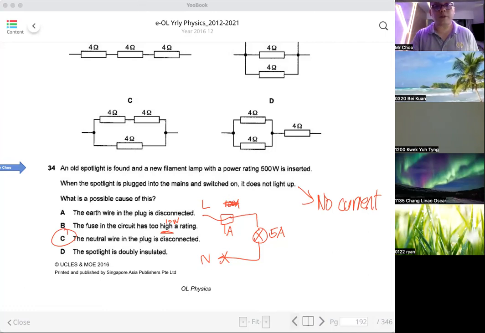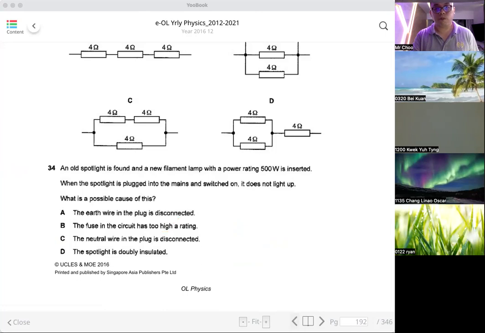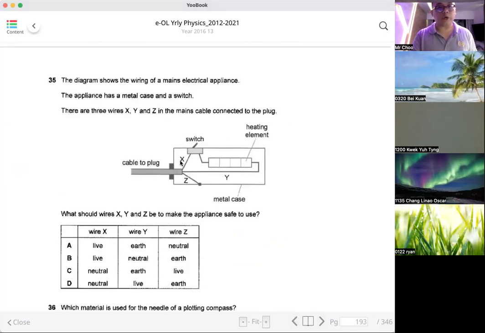Okay, let's do the next question. Do question number 35. You may begin. Wei Kwan, well done. Yu Ting, well done. Oscar, well done. This is a similar question. All of you should get correct.